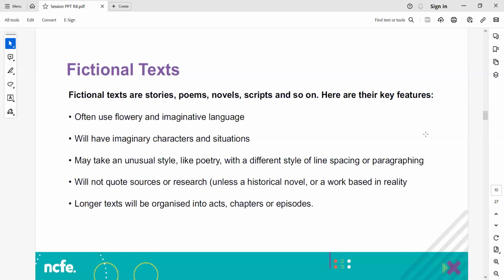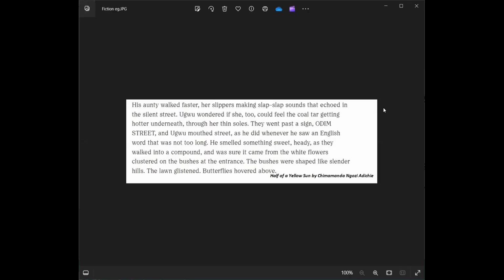If you just read those, I'll give you a moment and then we'll look back at that extract from a novel and you can tell me what you can see. So what features can you see in that short extract? We can't see everything because it's just a paragraph. But what can you see? You'll need to unmute yourself because I've put everybody on mute.